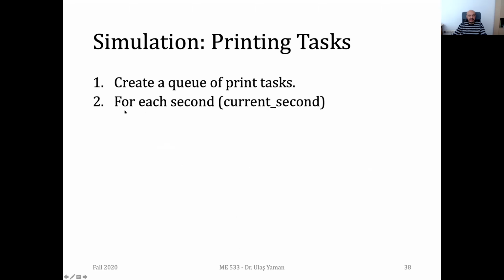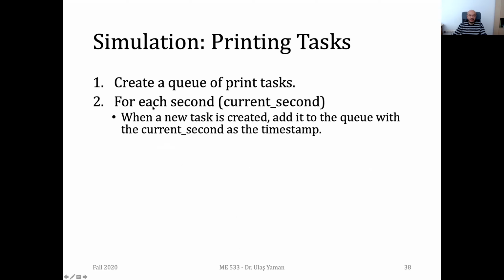So during this simulation, we will always be doing the operations for each second. That's why we have a loop here. For each second, we will be performing the operations underneath.